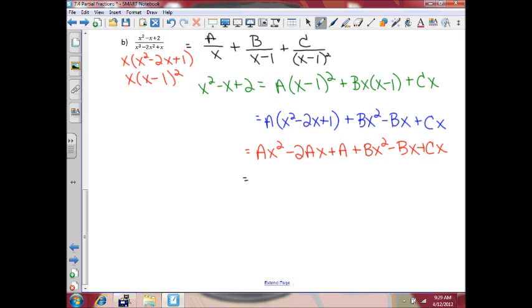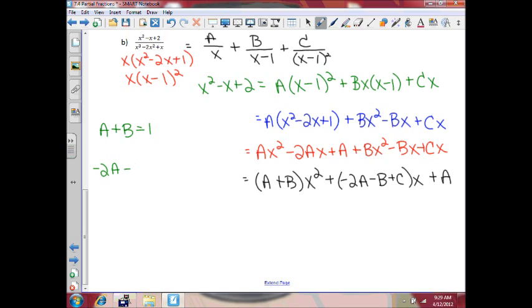Now, collecting my like terms, I'll have A plus B x squared plus negative 2A minus B plus C x plus A. Which means then A plus B will equal 1. Negative 2A minus B plus C is equal to negative 1. And A is equal to 2.